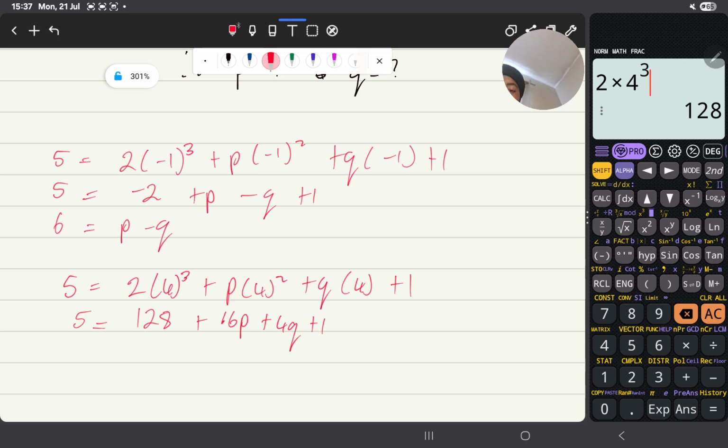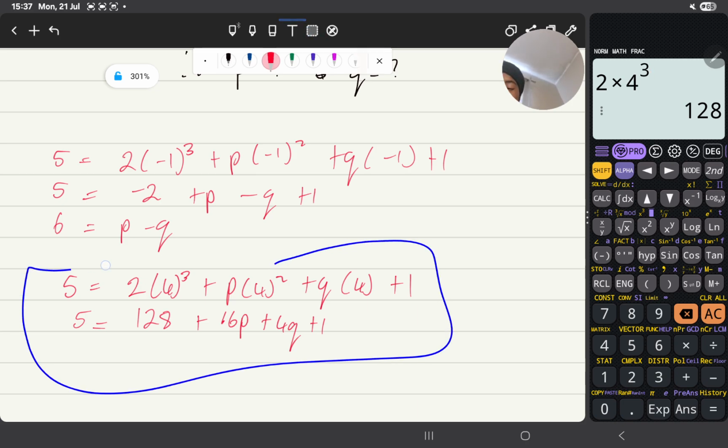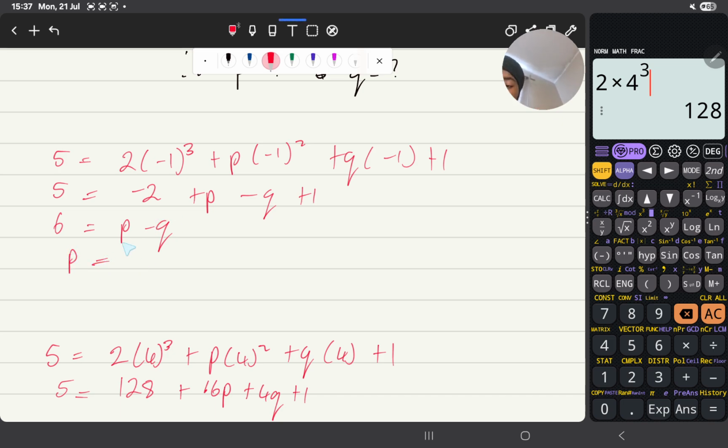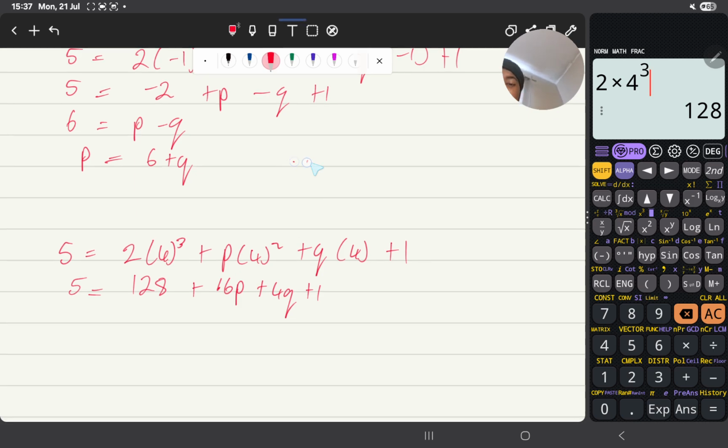Now on this equation, I would say p equals 6 plus q. So we're going to substitute now: 5 equals 128 plus 16 times (6 plus q) plus 4q plus 1.